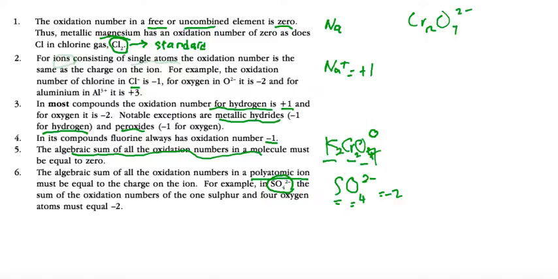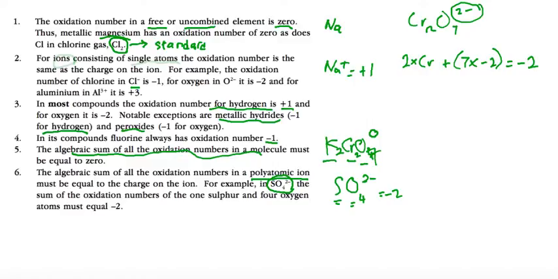The question is, what's the oxidation number of chromium? There are 2 chromium atoms, so 2 times Cr plus 7 oxygens, so 7 times, following rule number 3, -2. We multiply by -2, and that should be equivalent to -2. Remember, that's rule number 5 and rule number 6 actually.